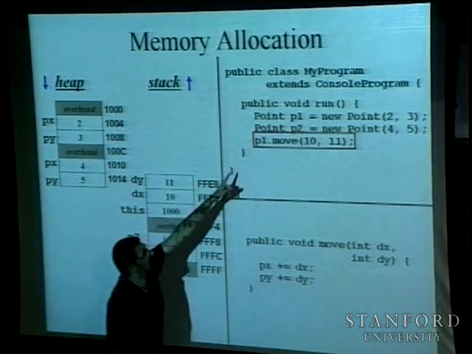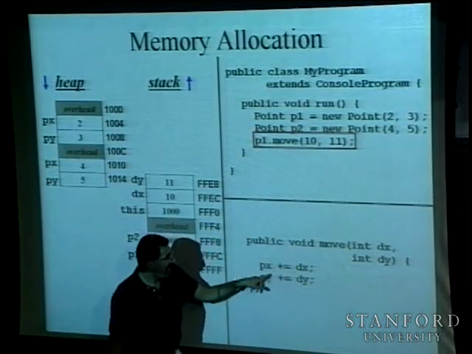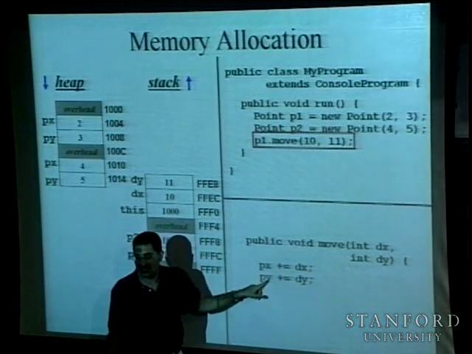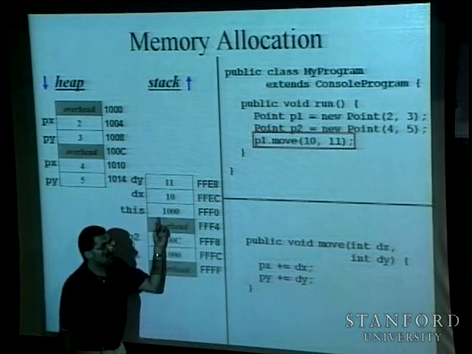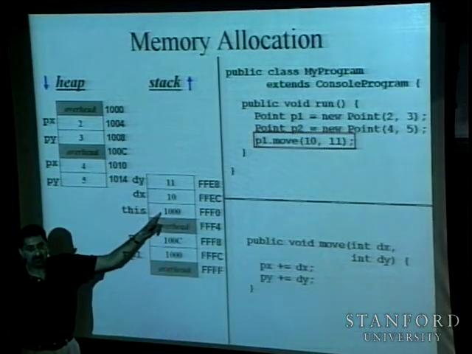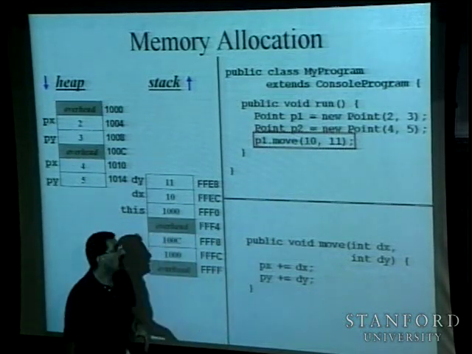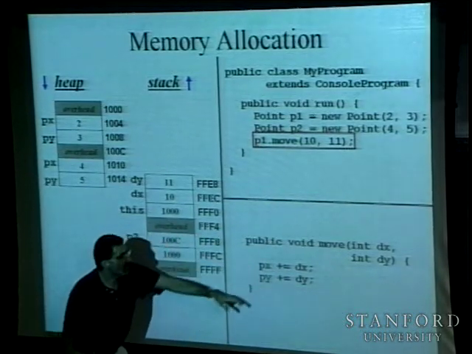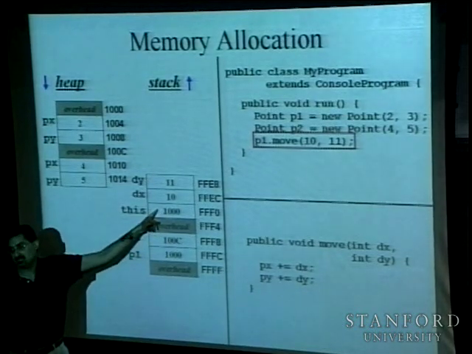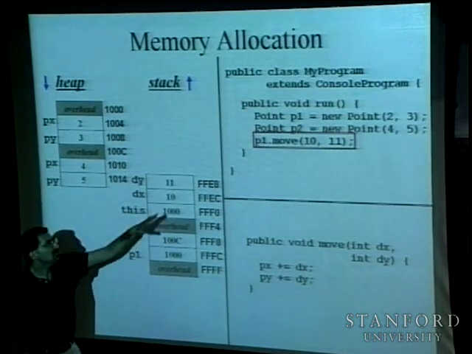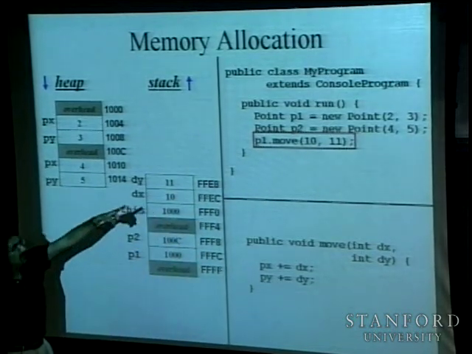Once I create particular objects and call that method on them, this method needs to know, hey, when I'm doing these modifications on px and py, which px and py are you referring to? That's where this comes in. This says, I'm going to tell you the place where the particular object lives whose method is being called, so whatever modifications you make over here, you know to make them to the object that lives at this address, which is why it's called this.